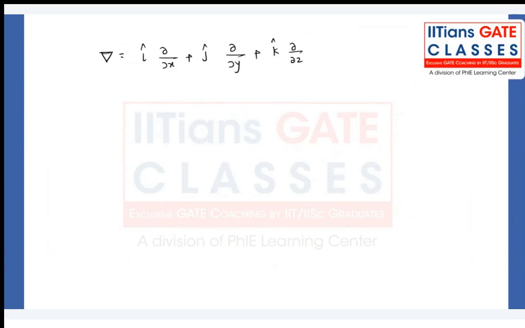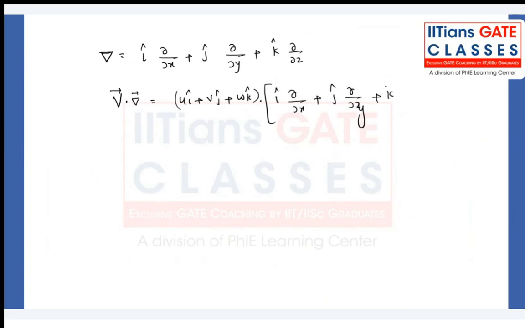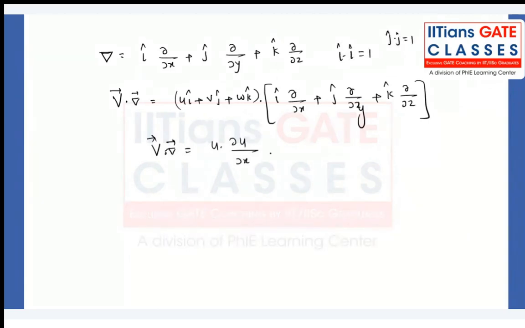Here, if you multiply v dot del operator, that is ui cap plus vj cap plus omega k cap dotted with the del operator, you will get u into dou by dou x, because i dot i will be 1, j dot j will be 1, plus v into dou by dou y, plus omega into dou by dou z.